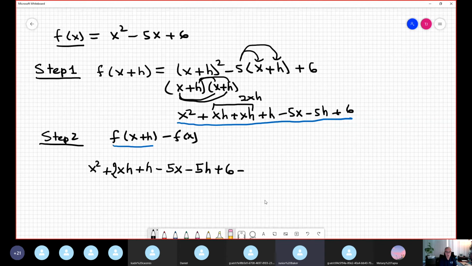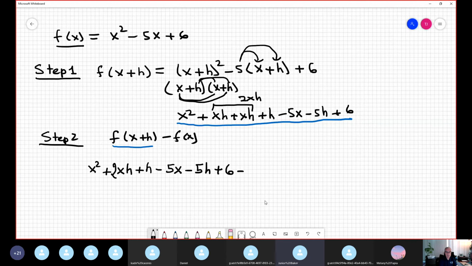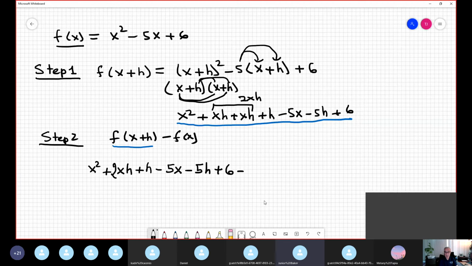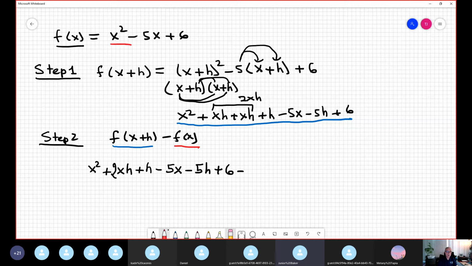The last step is divided by h. Now you're subtracting, Dylan, that part. And that part is this. And subtracting a polynomial is super easy, because the only thing you should do is change the sign. It's now negative, positive, and negative.